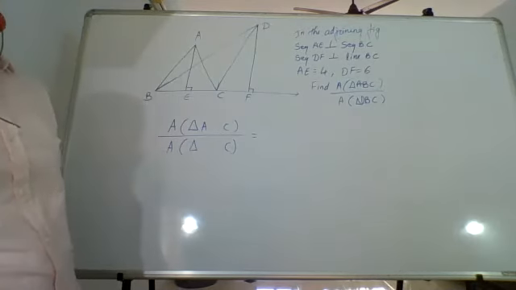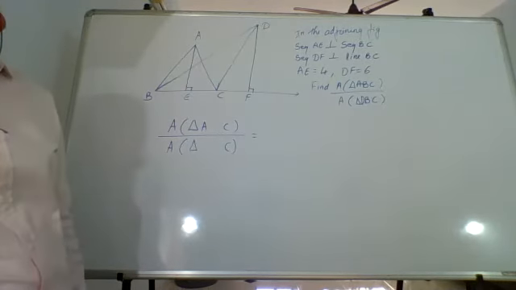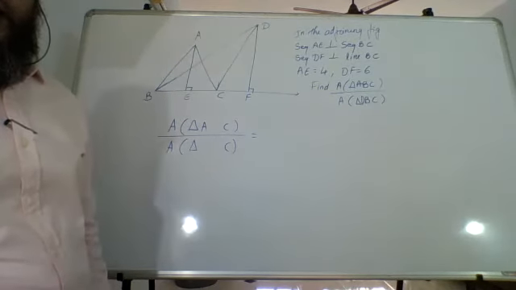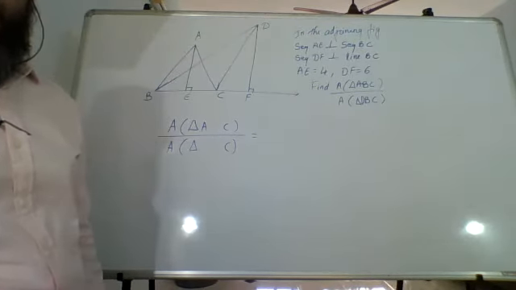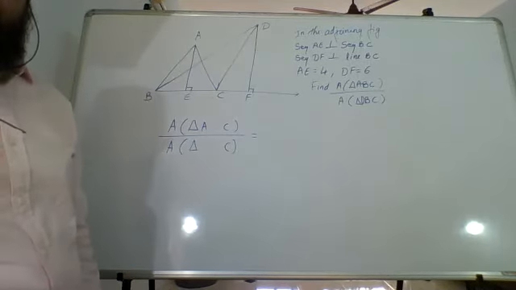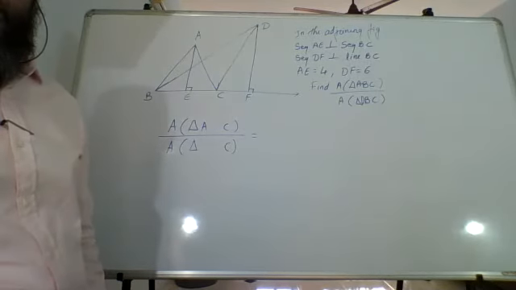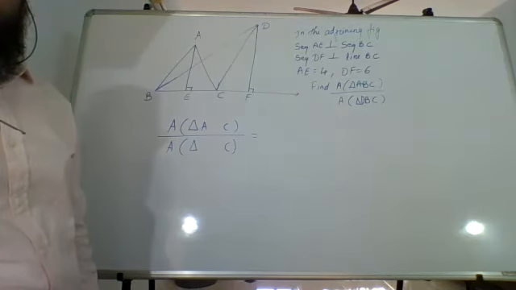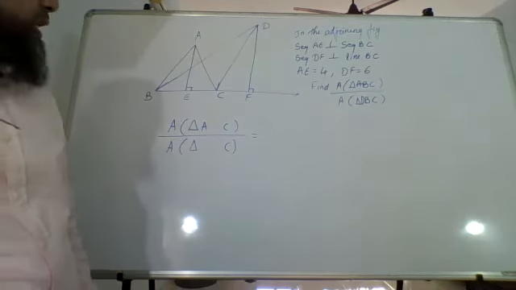Okay, so this is the first example that we are seeing today. In the adjoining figure, AE is perpendicular to segment BC and segment DF is perpendicular to line BC. AE equals 4, DF equals 6. Find area of triangle ABC upon area of triangle DBC.